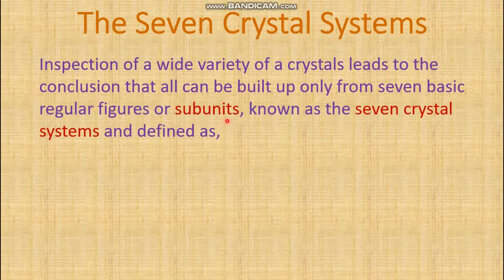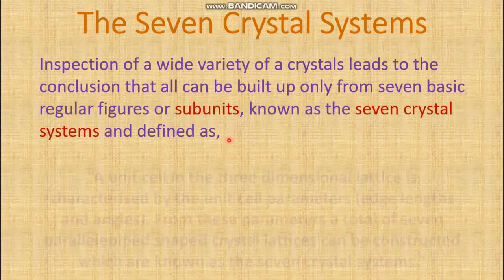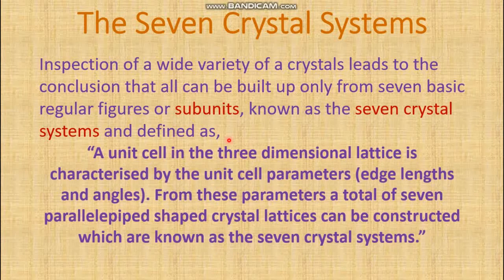That means here the basic subunit can be of 7 types in our crystallography, or the crystallography of the solid substances which are available in this planet, known as the 7 crystal systems and defined as. So what is the definition of the 7 crystal system?